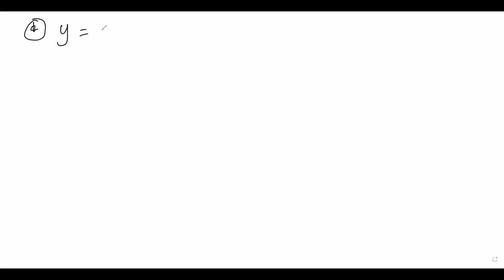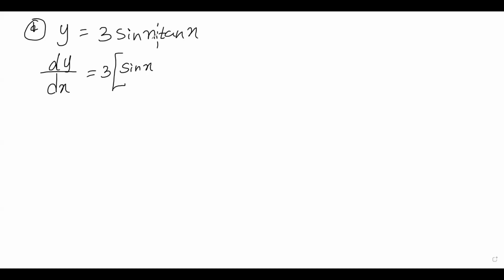If I take y equal to 3 sin x tan x, it is a multiplication, but with a number. You can write dy by dx equal to 3 into sin x, the derivative of tan x, which is sec squared x, plus tan x, and the derivative of sin x is cos x.